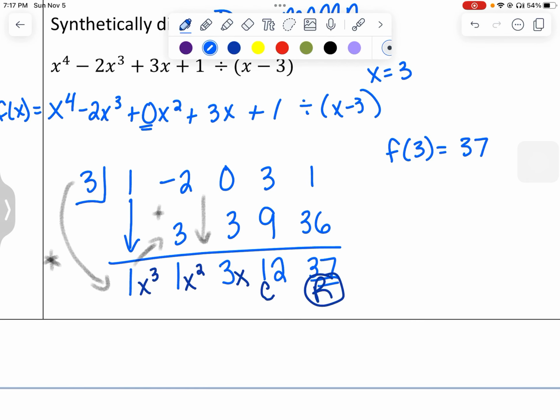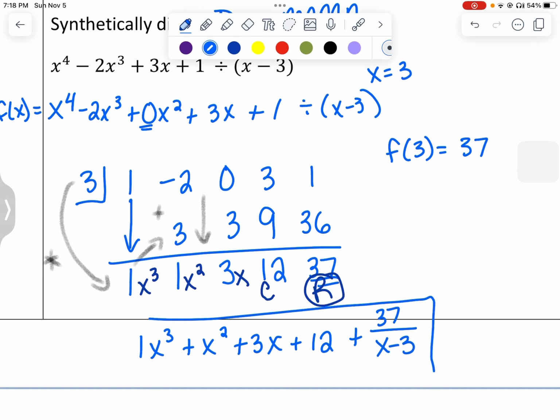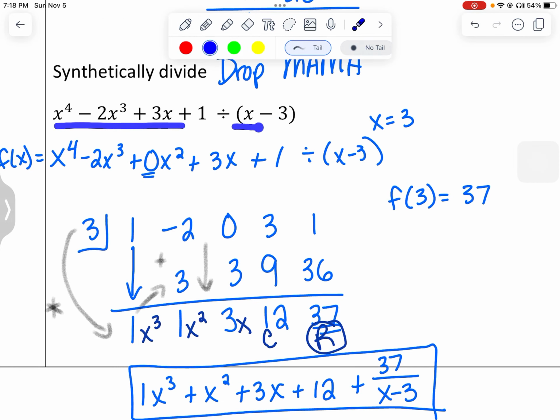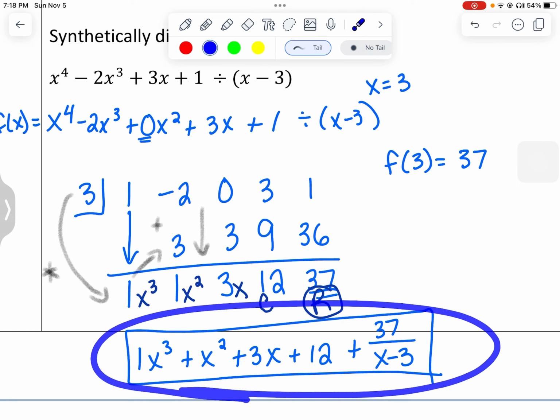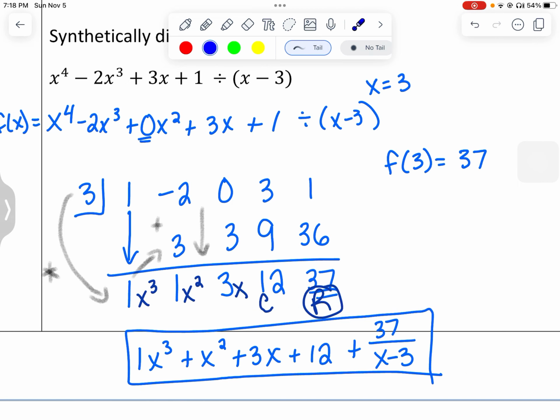So you'd write your answer as 1x cubed plus 1x squared plus 3x, because they're all positive, plus 12, plus a positive 37, and then you write your remainder over x minus 3, what you divided by. So this polynomial divided by this polynomial equals this. And that's how you can use synthetic division.